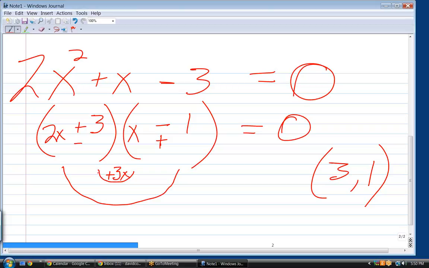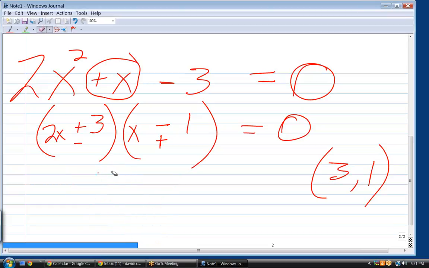But in this case, we really want to check to make sure we get exactly plus x. So let's put our plus sign in there. It'll help us. What goes down here? Minus 2x, right? Add them together. What do you get? Just x. Or 1x. Plus x. And that's exactly what our middle term is. That means we did it correctly.